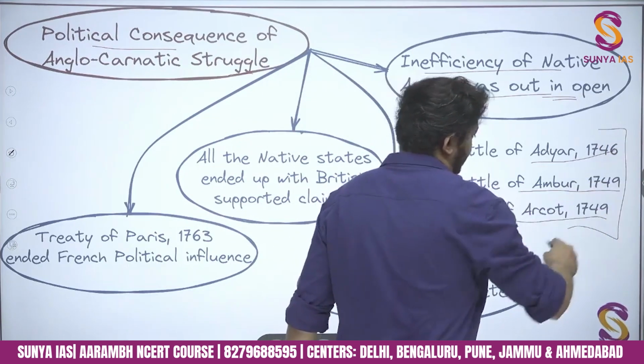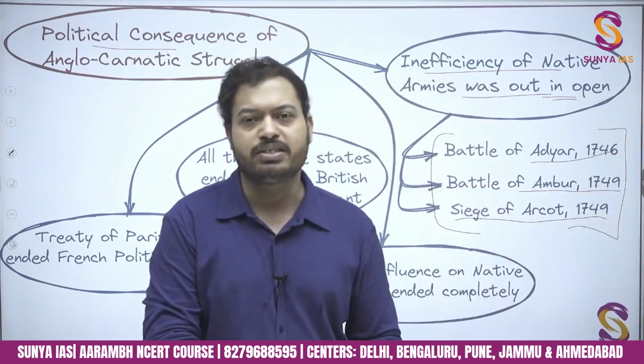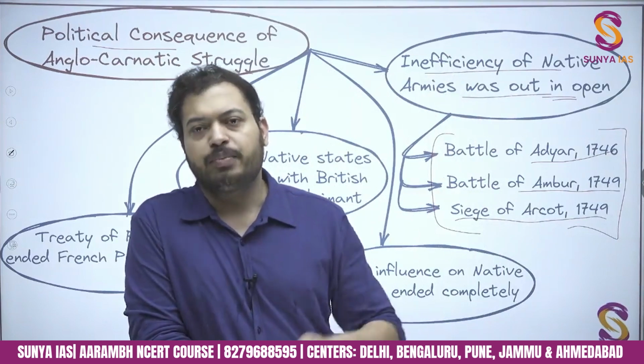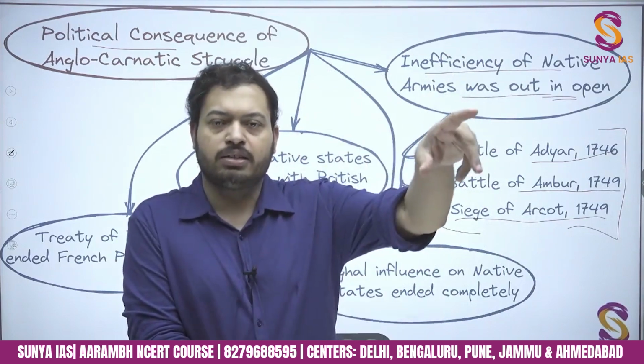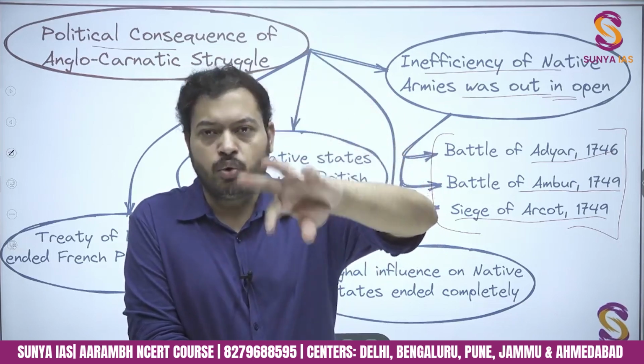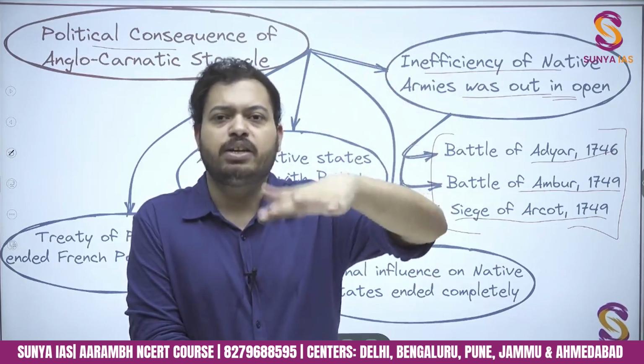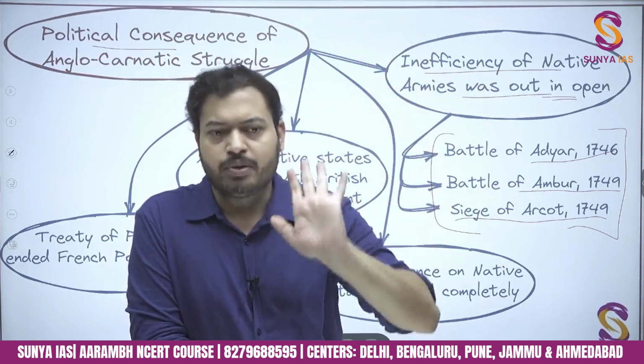So understand, in the examination, the details of these particular incidents won't be asked, but how these incidents were important and what role they played in the overall development of those days, that will be asked.